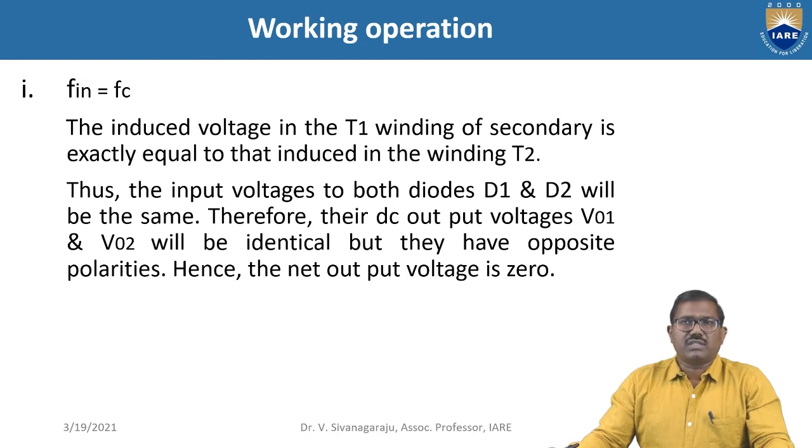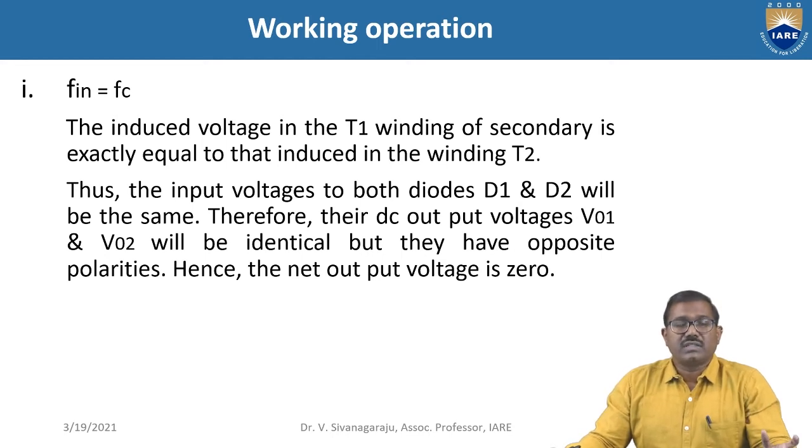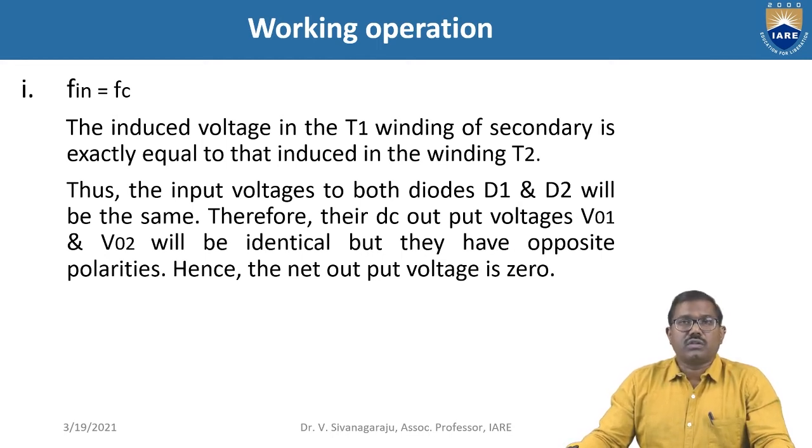Thus the input voltages to both diodes D1 and D2 will be the same. Therefore, the DC output voltages V01 and V02 will be identical, but with opposite polarities. Hence, the net output voltage is 0. Already we have seen in the block diagram, V0 is equal to V01 minus V02. Both have the same voltages, so the net output voltage is 0.